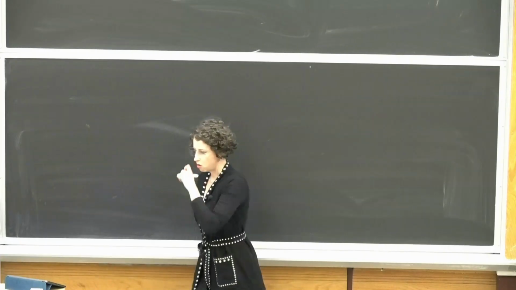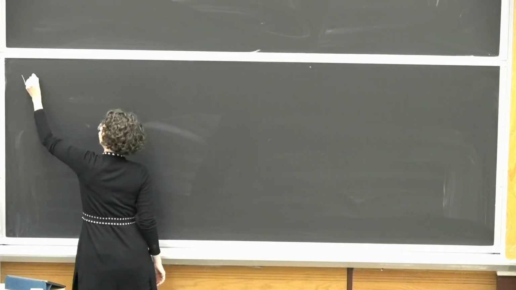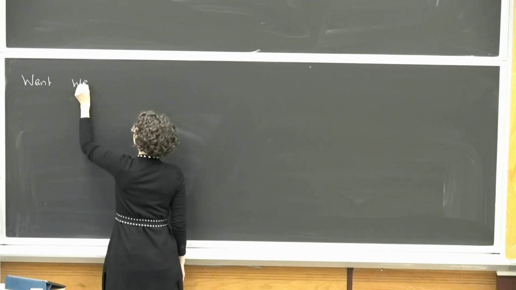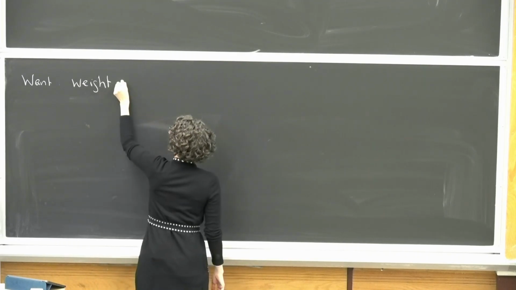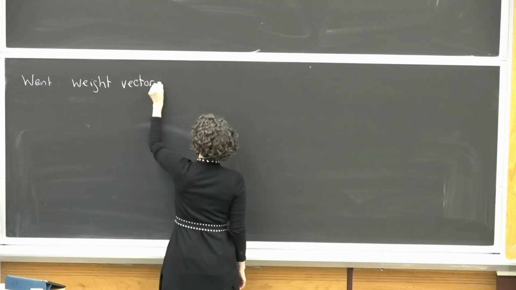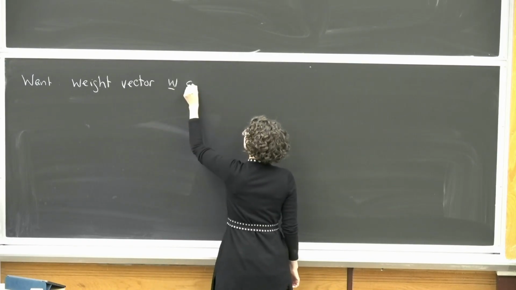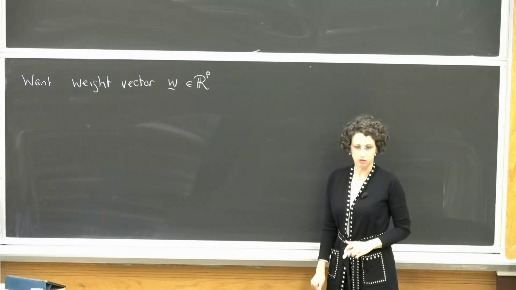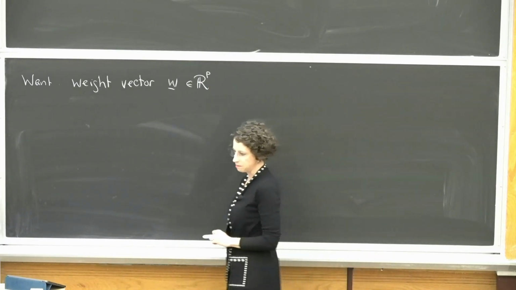Okay, so what we want, our goal here, is to find a weight vector w. And this is going to be a set of p different weights. So we say that this weight vector is in Rp.